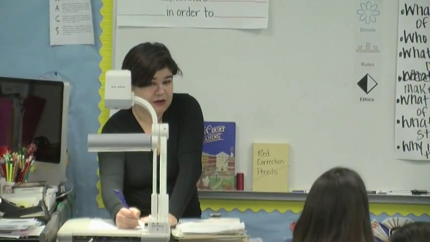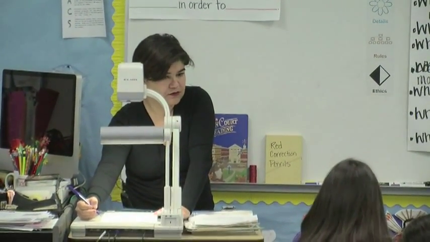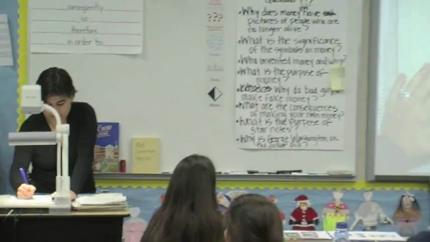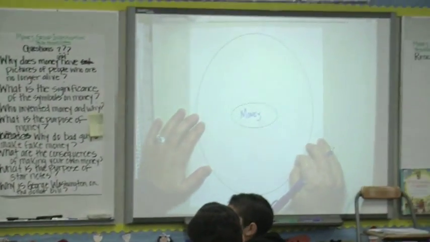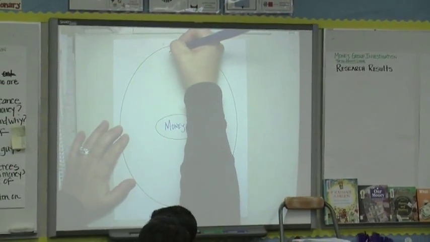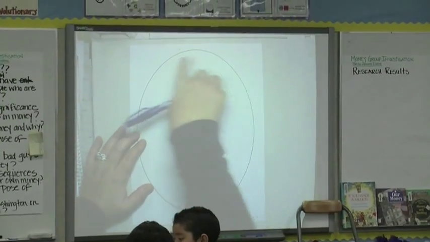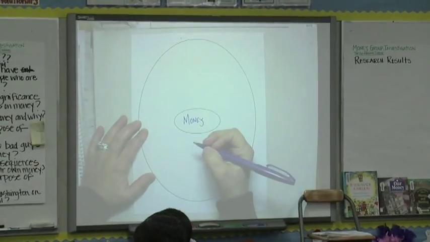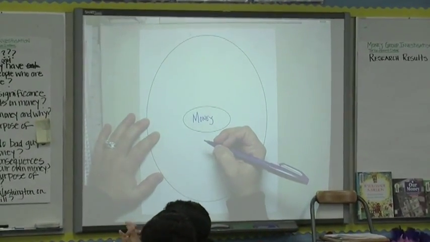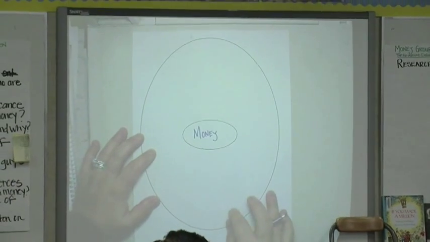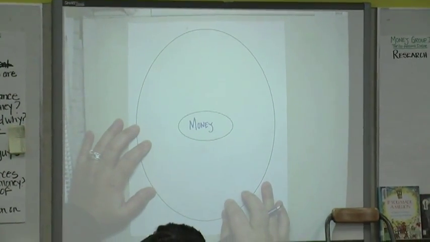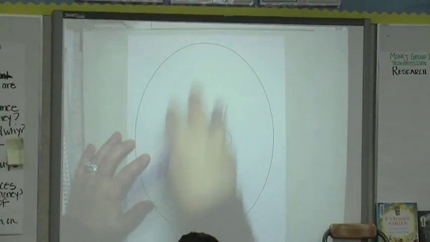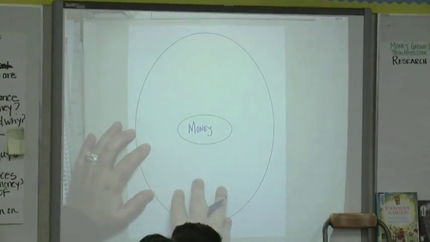Obviously, your name's going to come up here, the date. You know that. Money, okay? I would like for you to write down your question up here. Now, if you are going to be doing two questions, and you and your group know it because you are that good, put a line right here so you have the top for one question, the bottom for your second.